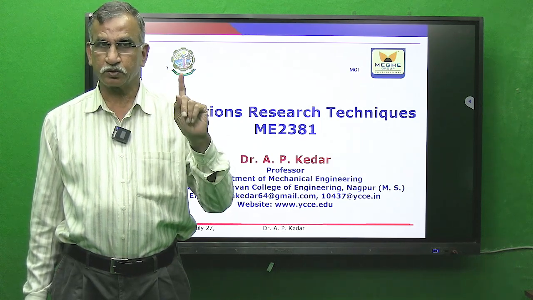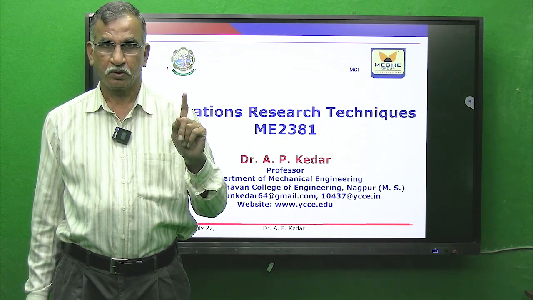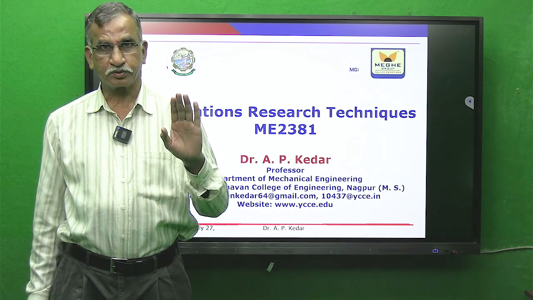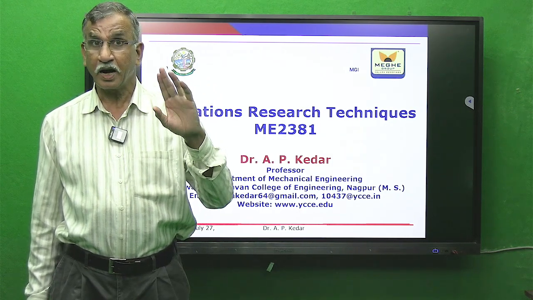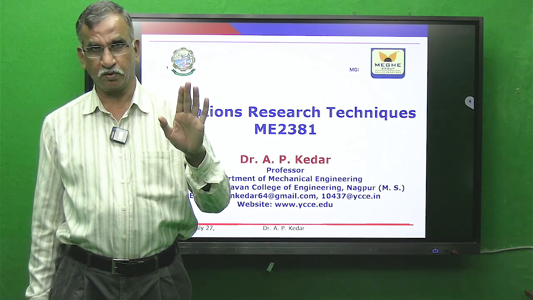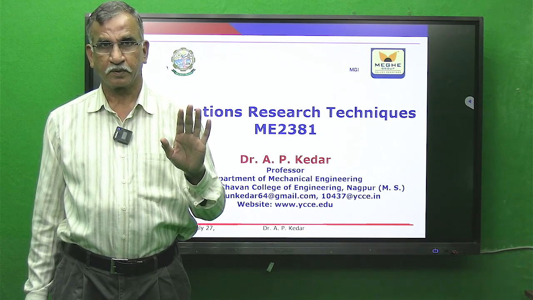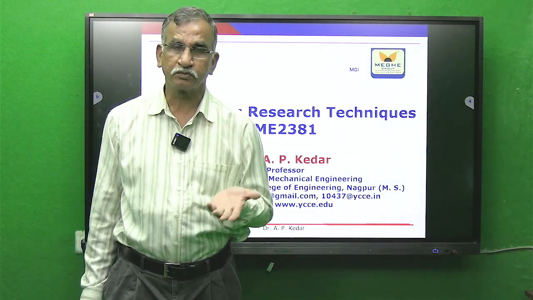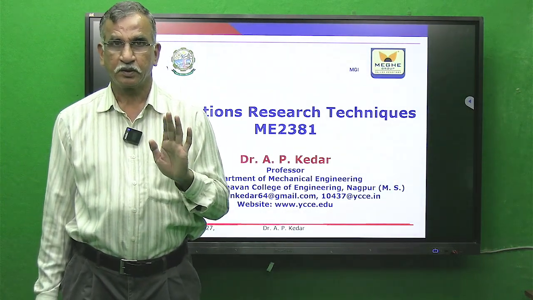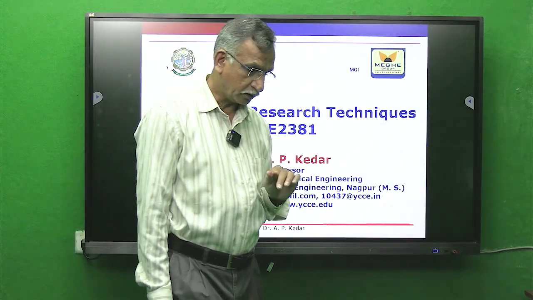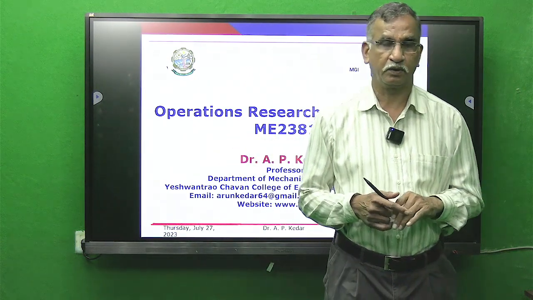First, the unit cost of the item is low. Second, a large number of similar components are involved. Third, the probability of failure increases with time. And the components are required in a very large number.